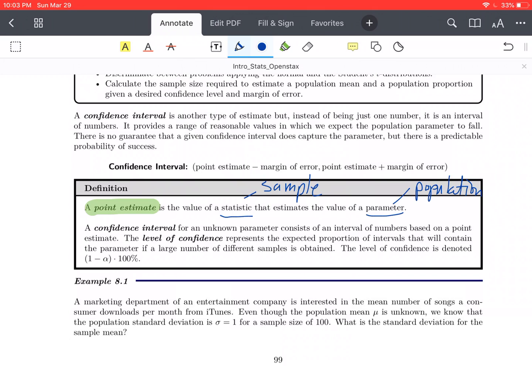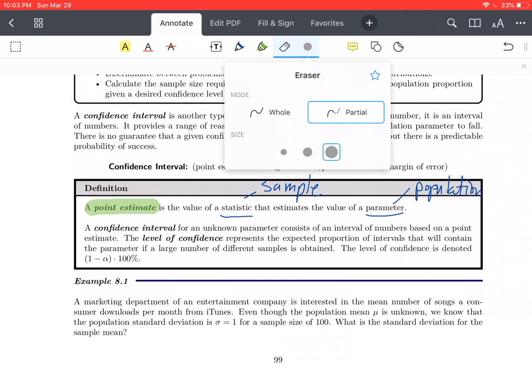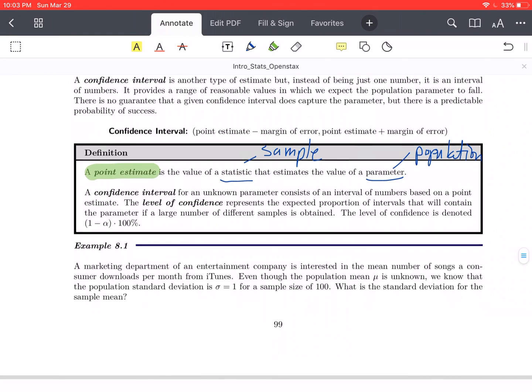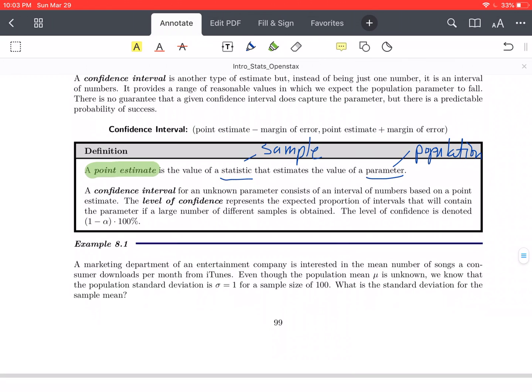In this case, we are trying to get an estimate or an approximate value for a population, because we don't necessarily know the value for the entire population. So the confidence interval tells us how confident are we that our answer is close enough. That's kind of what we're looking at here.